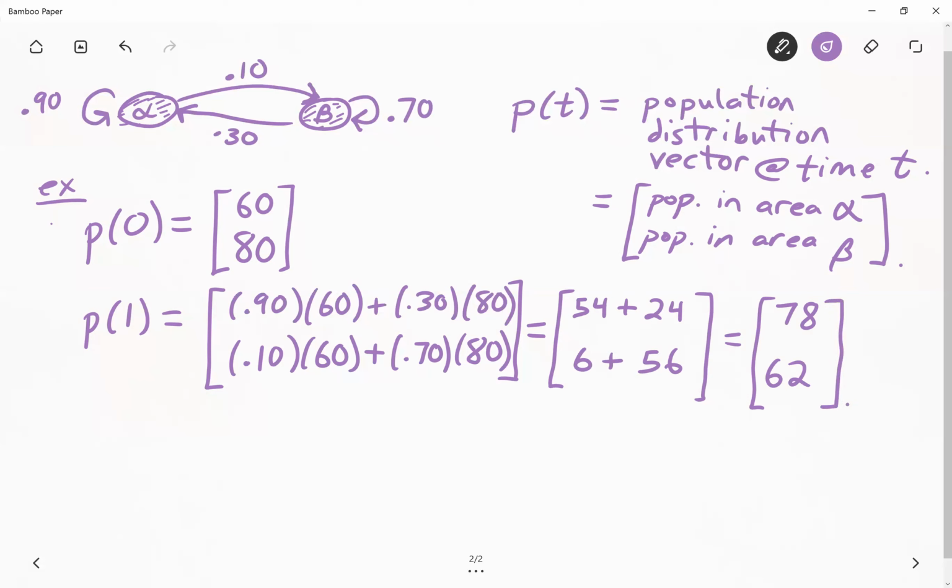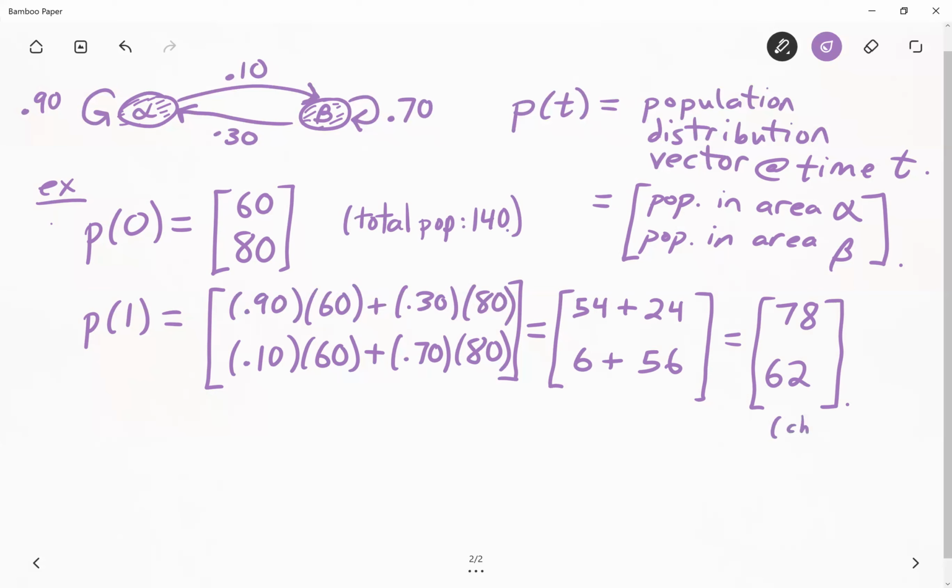And one thing we might want to notice, it's kind of a nice, easy check. We have a constant total population. Right? In year 0, if you add together those two numbers, you might notice that the total population is 140. We should have the same population every year. Right?